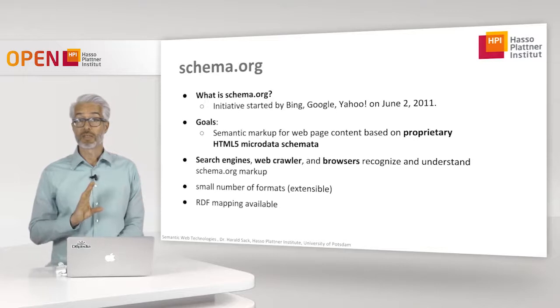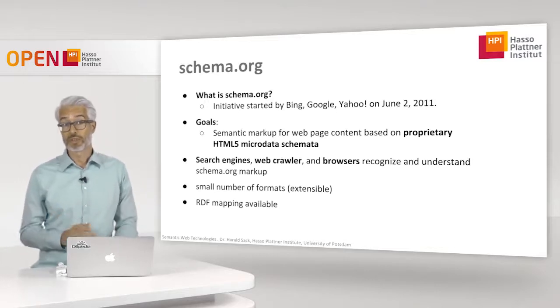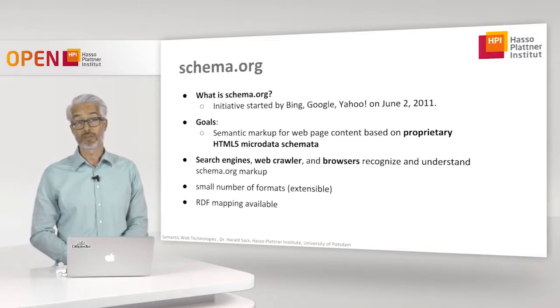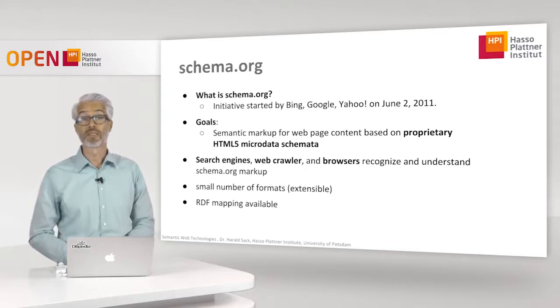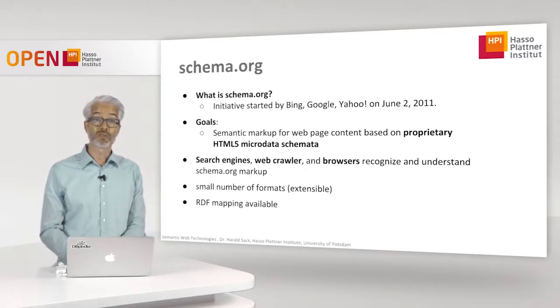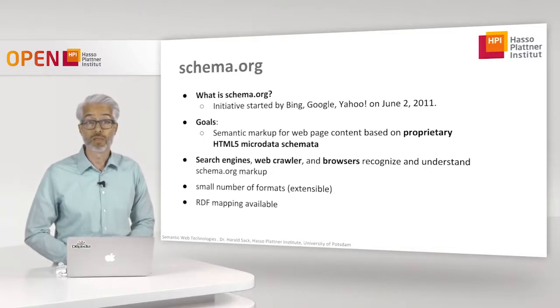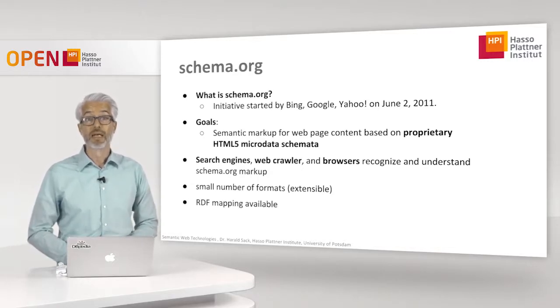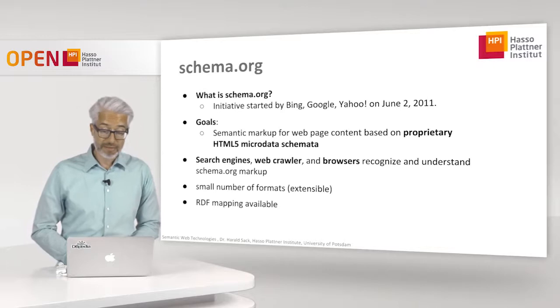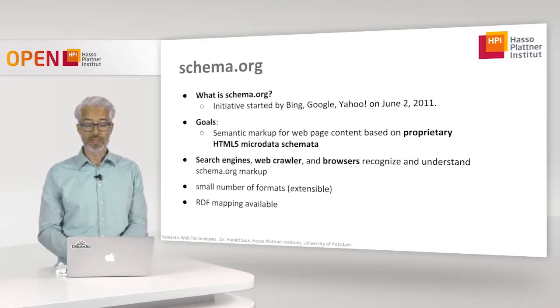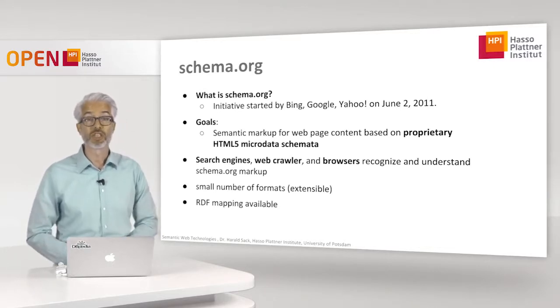So what can be done with this structured data? Let's first have a look at the most prominent example, which is schema.org. This is a kind of vocabulary which has been defined by the three major search engines, Bing, Google, and Yahoo, back in 2011. And it defines a semantic markup for web page content based on, again, proprietary HTML5 microdata schemata.